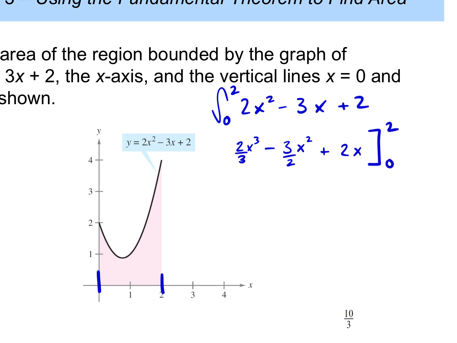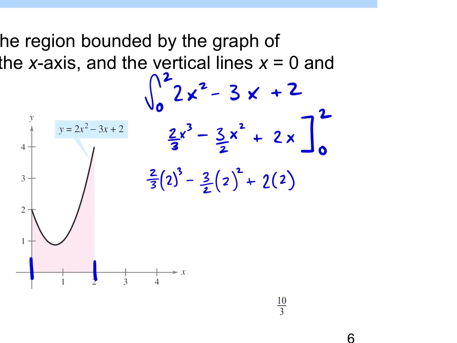Got to plug in 2 first. So 2/3 times 2 cubed minus 3/2 times 2 squared plus 2 times 2. If you want to simplify this part, get an answer first, then subtract it from your other answer. You could break it up and do it in 2 parts. Whatever is easier for you to do the math. I'm just going to do it all together.